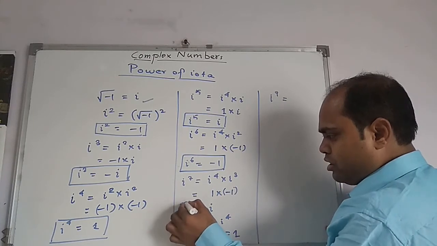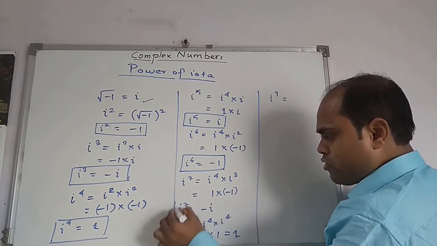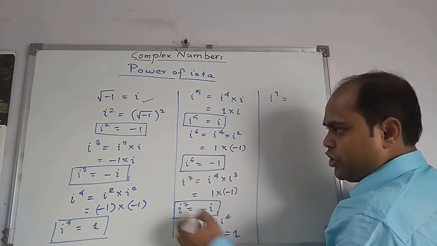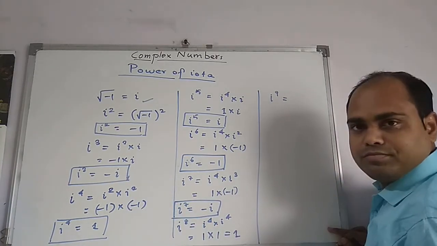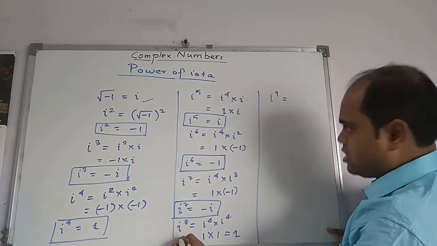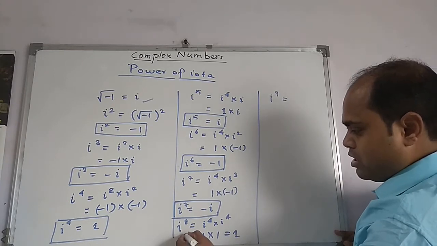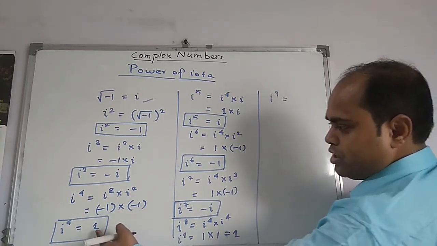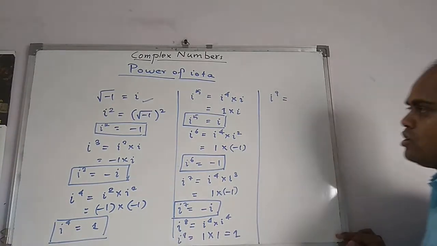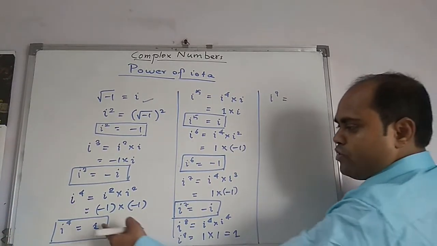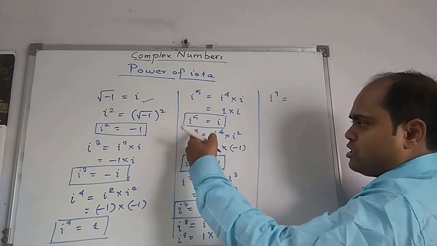Iota raised to 7 is minus iota, which is equal to iota cube. Similarly, iota raised to 8 is 1, which is equal to iota raised to 4. So after the power 4, the values repeat.